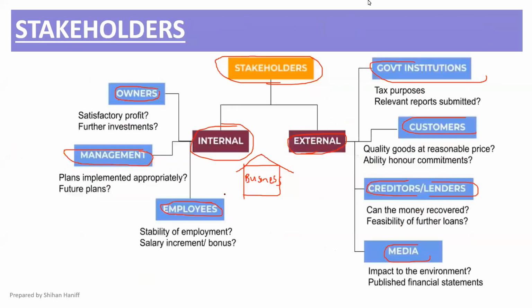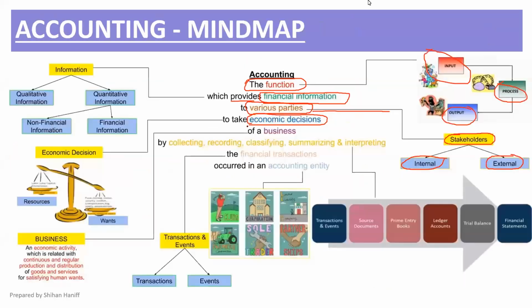So accounting, let's go back to the mind map. Accounting is a function which provides financial information to various parties to take economic decisions. I was explaining the economic decision: limited resources and unlimited wants.